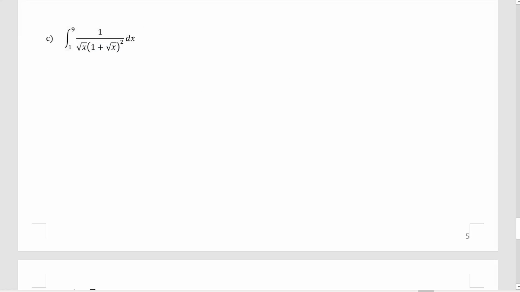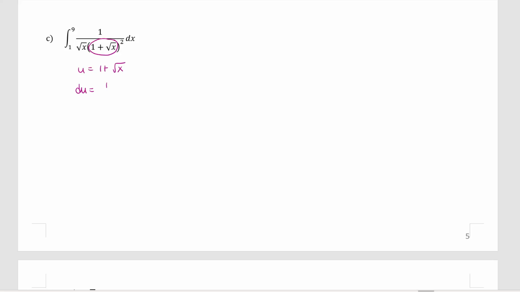Alright. So we let u be the inner function. So here the inner function inside the power is this guy. So u equals 1 plus square root of x. du is the derivative of 1, which is 0, plus the derivative of square root of x. Square root of x is like x to the 1/2.